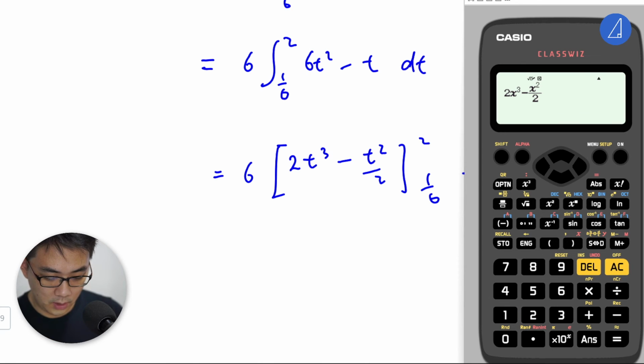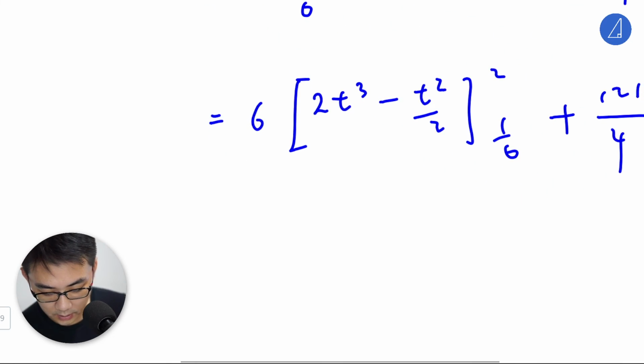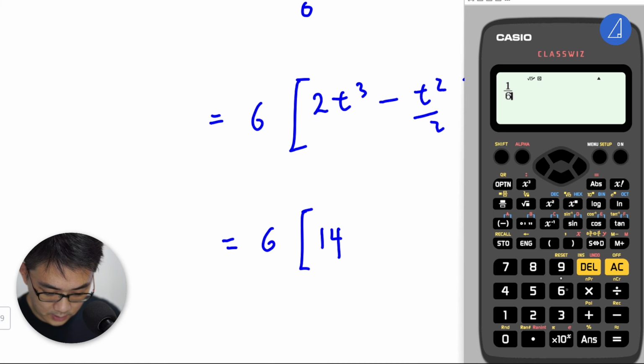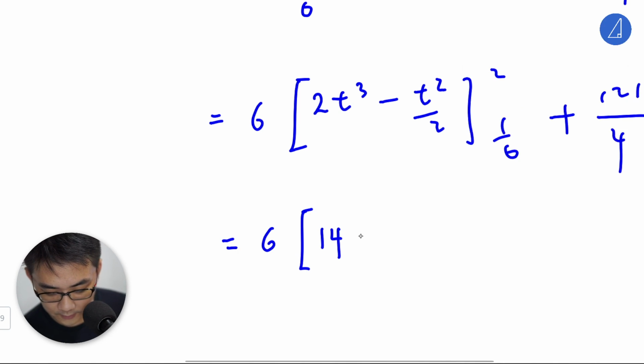Now I'm going to put the value of 2 in. So I'm going to press 2, store in x. Okay, that will be 2. Go up, and this will be 14. So this will be 6, 14. The other is a 6 x, and then this will be negative 216.